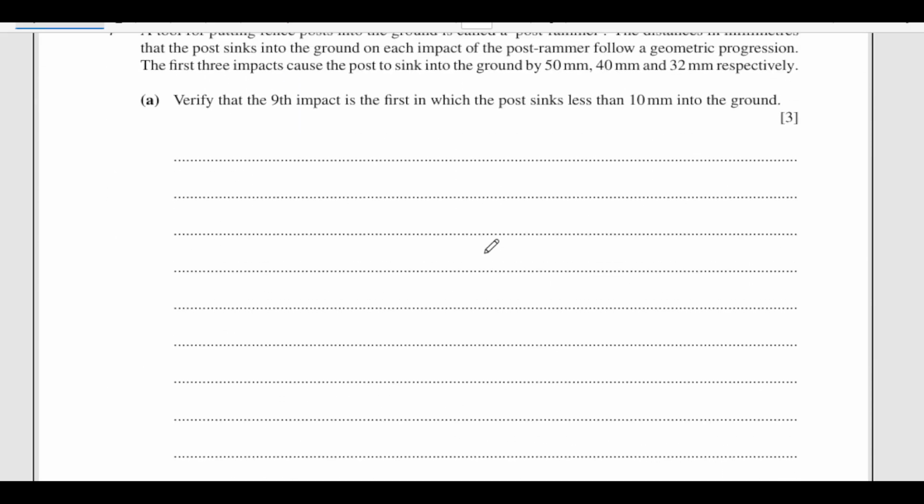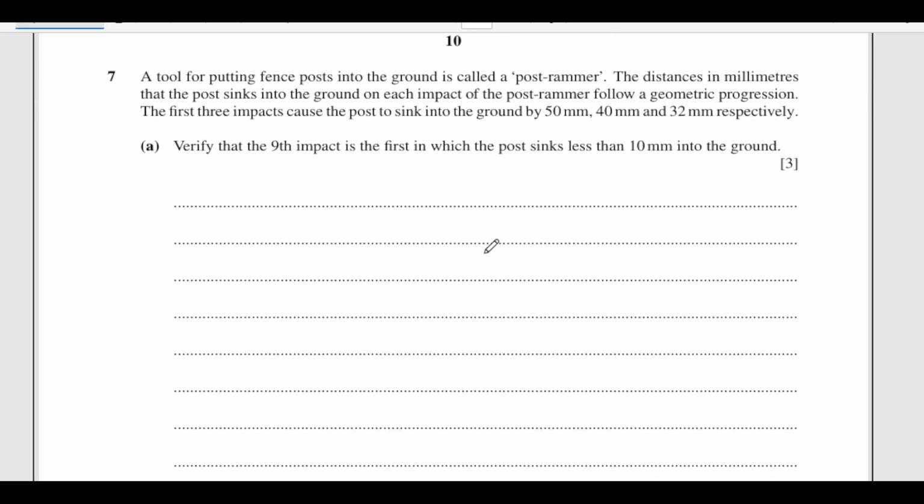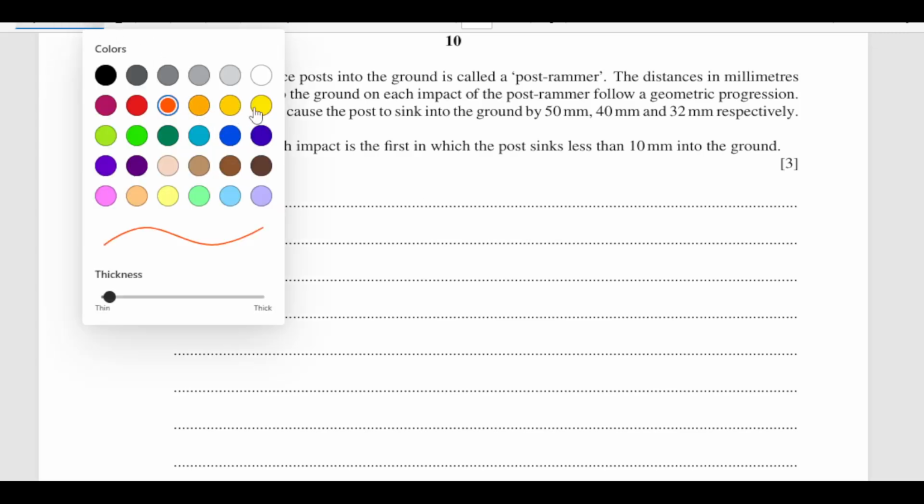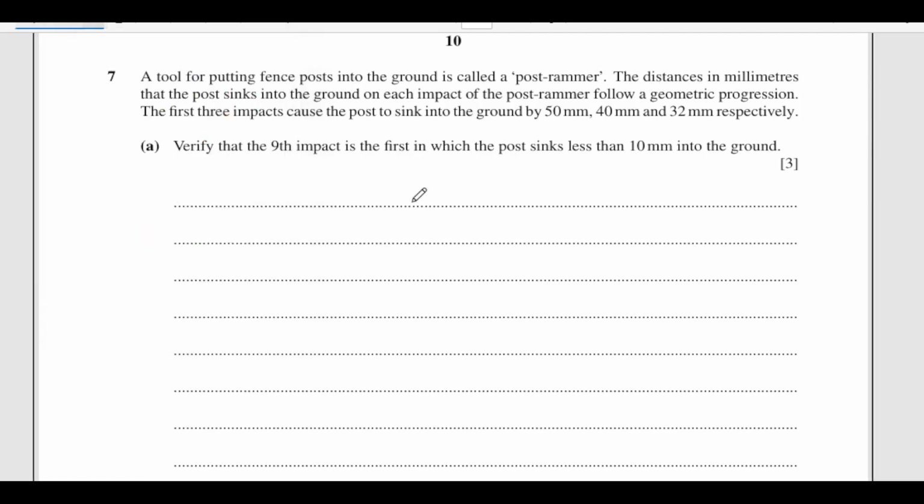Now number 7, this question is a bit tricky. You have to be careful while reading this and underline the keywords. First of all, the tool for putting fence into the ground is called a post rammer. The distance in millimeters that the post sinks into the ground on each impact of the post rammer follows a geometrical progression.